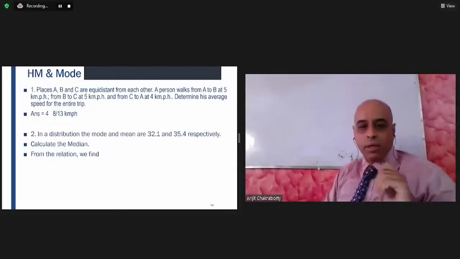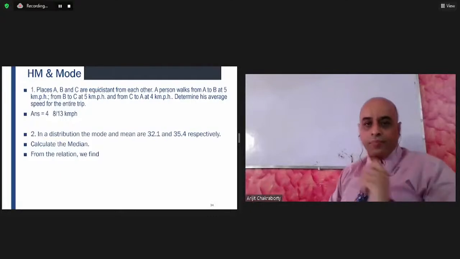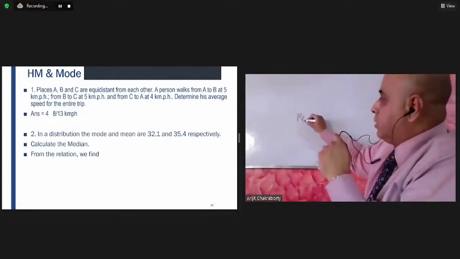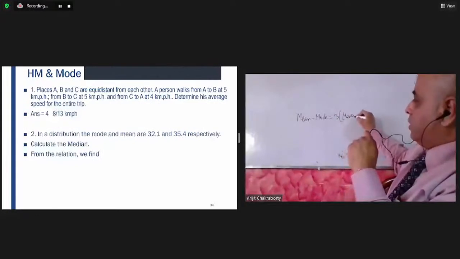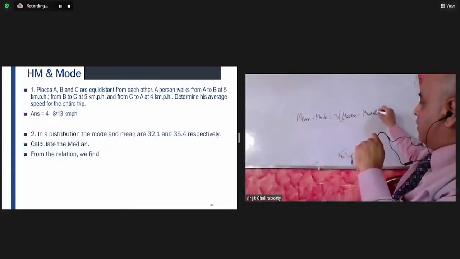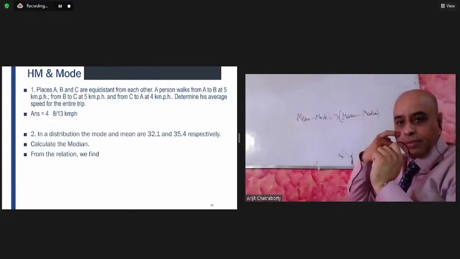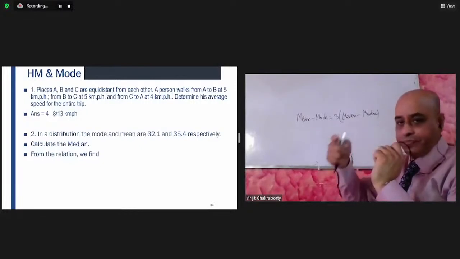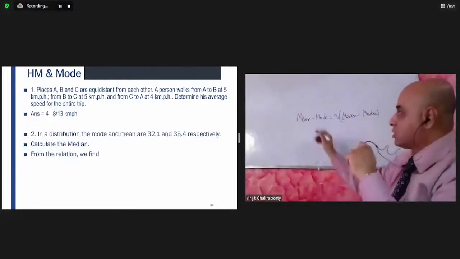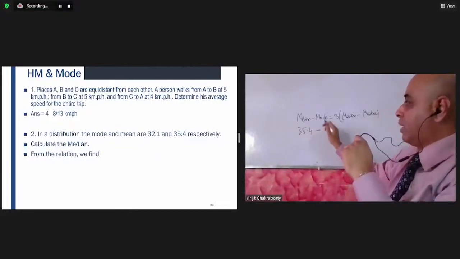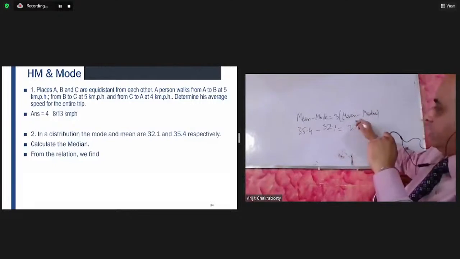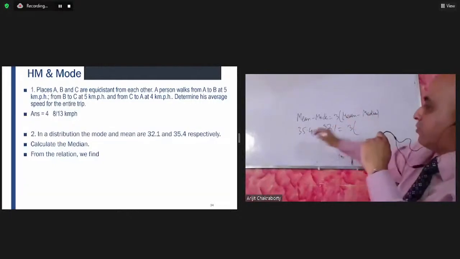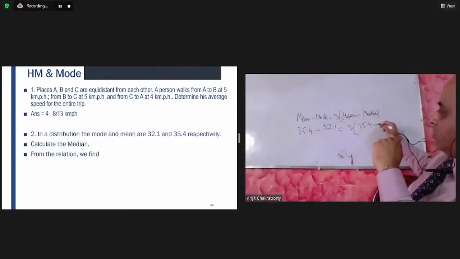Mode is 32.1, mean is 35.4. We know that mean minus mode is equal to 3 into mean minus median. So here mode is given. 35.4 is the mean. 35.4 minus mode, 32.1, is equal to 3 into mean, 35.4, minus x.